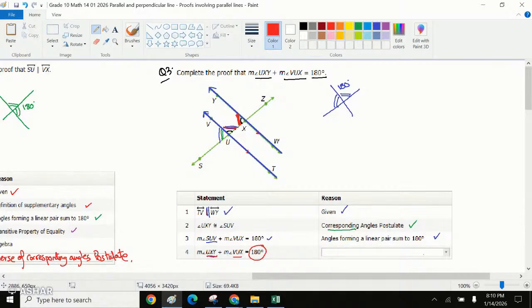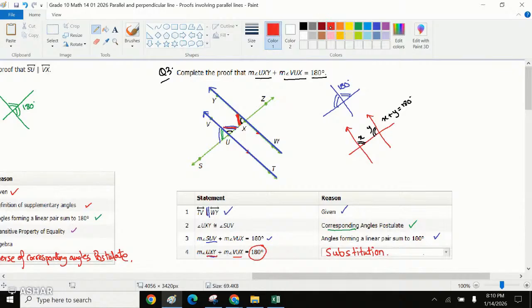The reason is they are interior angles between two parallel lines. So we say that they are substitution. These two angles are regarded as substitution, where we have one line and two parallel lines, and the sum of these interior angles X plus Y is equal to 180.